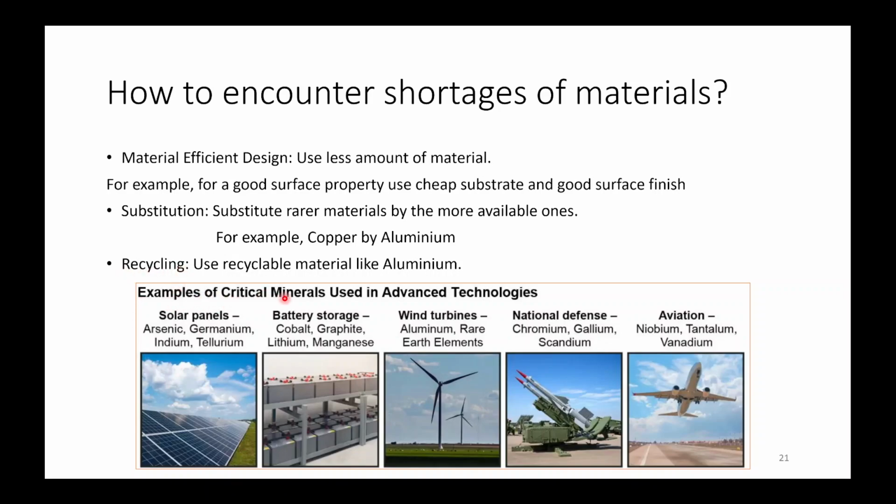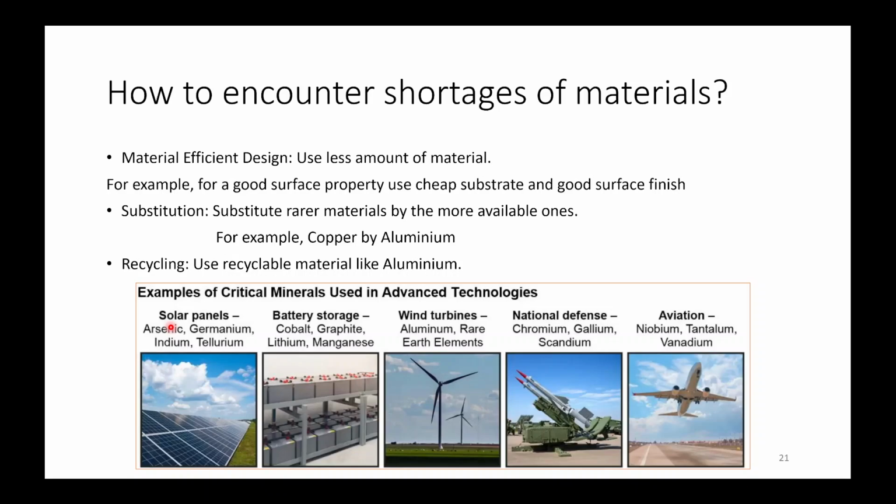Now these are examples of some critical minerals that are used in advanced technology. For example, germanium: if it gets depleted or becomes extinct, then we are more likely to face problems in making solar panels. So in case of solar panels, arsenic, germanium, indium, tellurium, these are certain elements that are used.